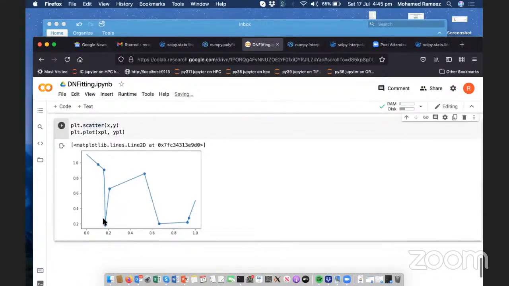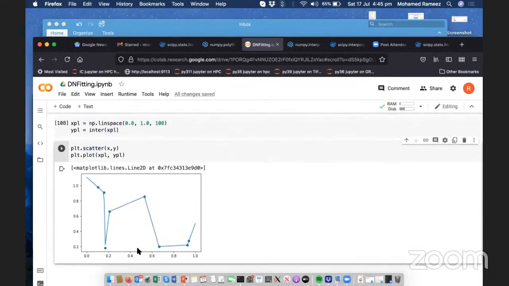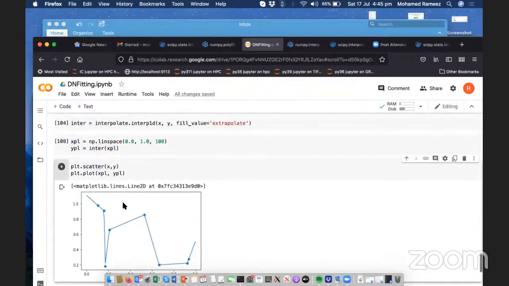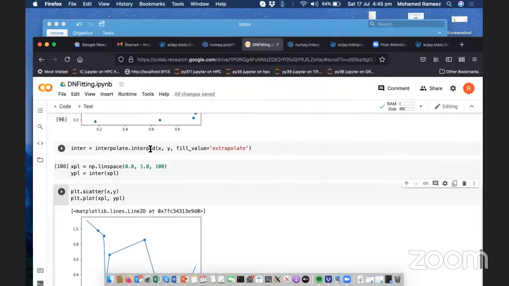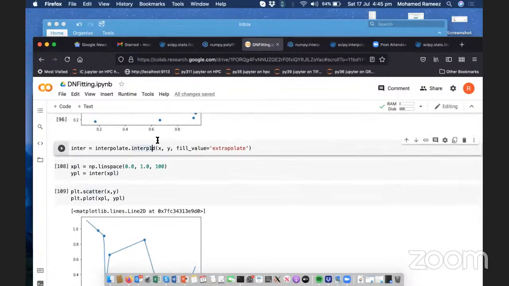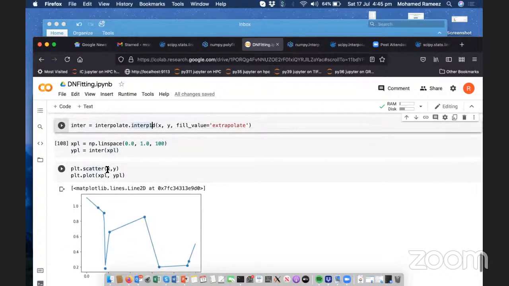So I hope you can see what has been done. You have a set of points which specify this object called your interpolator, and I am giving it these set of points, and I'm also telling it that outside the range of those points, just extrapolate.